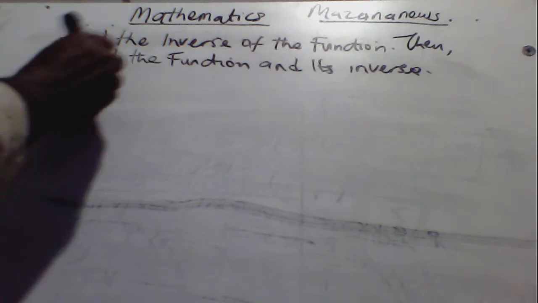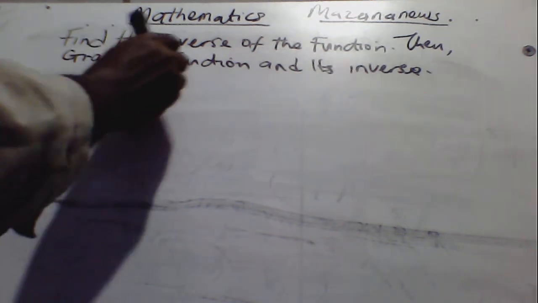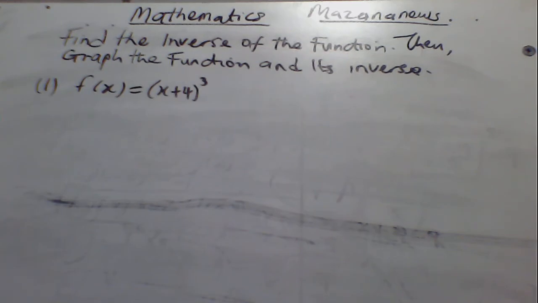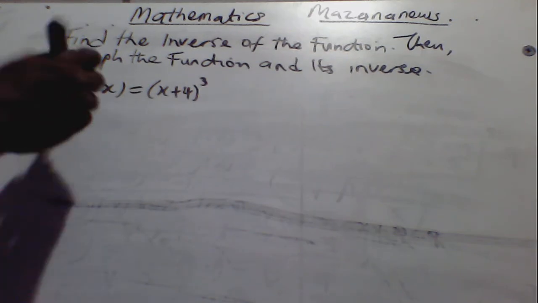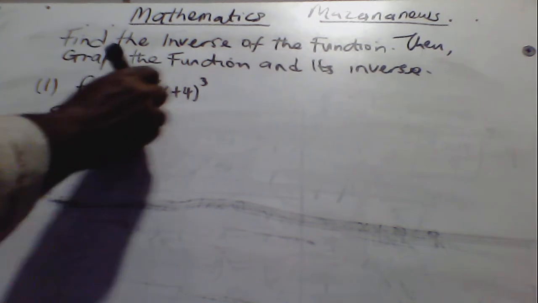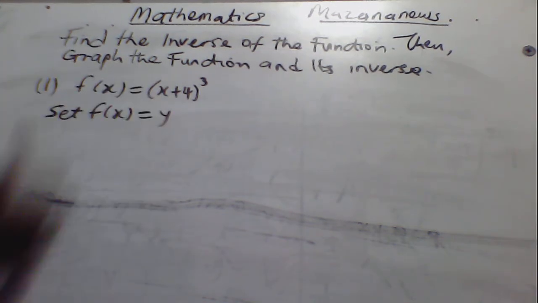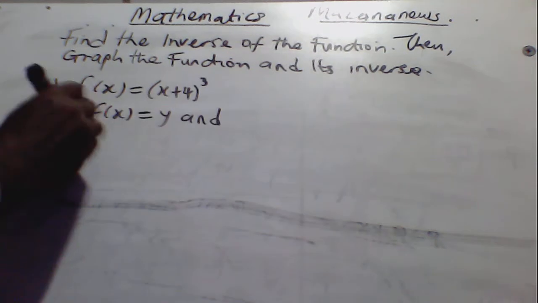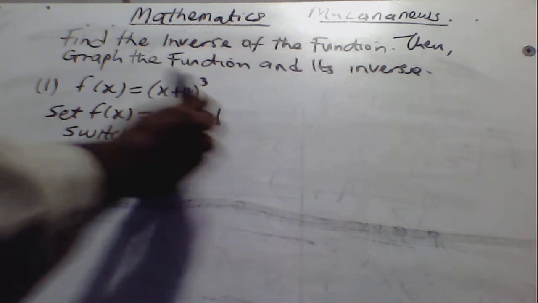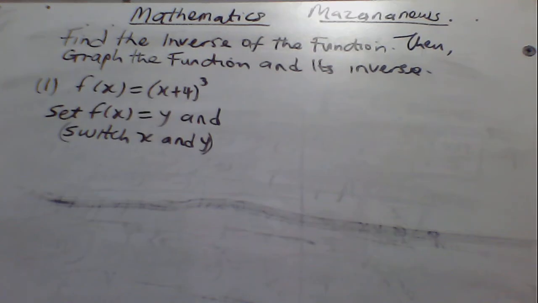So the first is, you are given f of x equals to x plus 4 to the power of 3. So to find the inverse, set f of x equals to y, and then switch x and y.